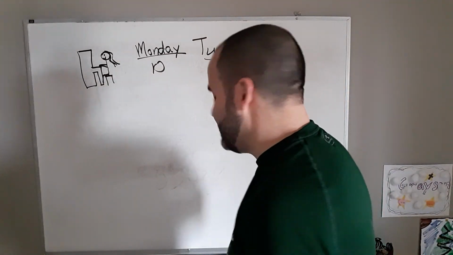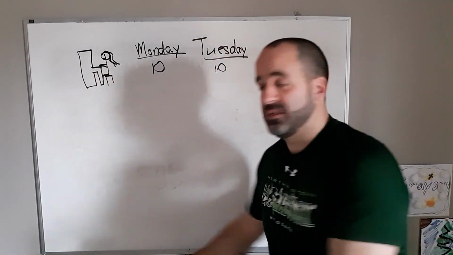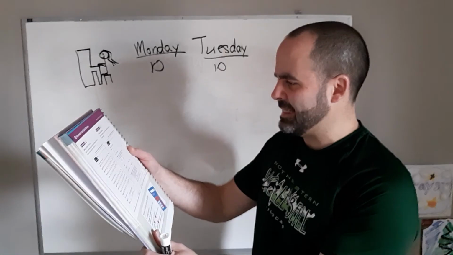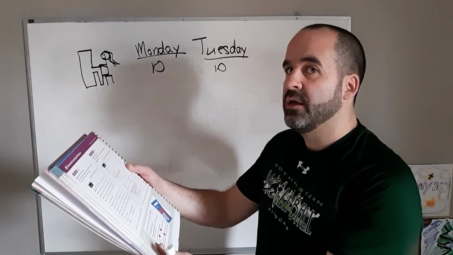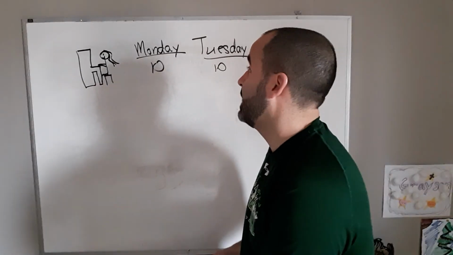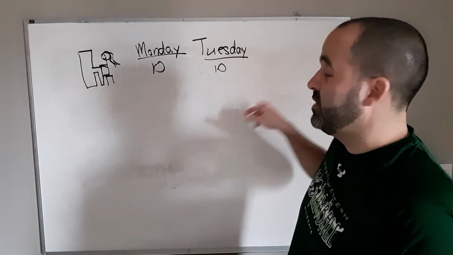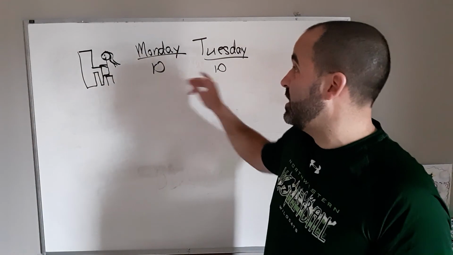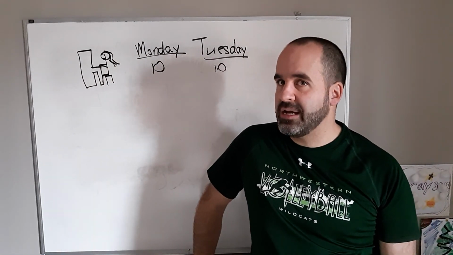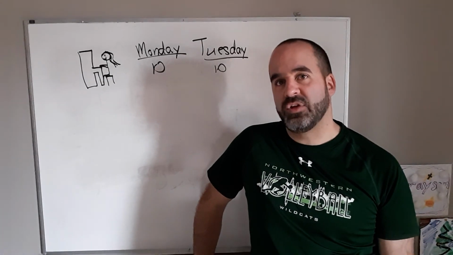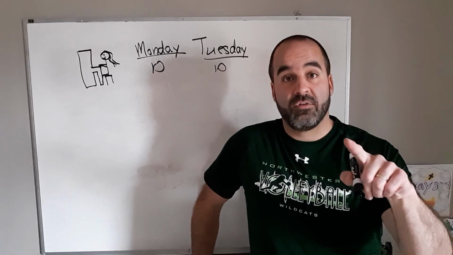Now, how many minutes did they want us to get to? According to the problem, let's take a look. What does it say? It says, on which day of the week will she have practiced for 90 minutes? Okay. Now, if you keep going through like this, you're going to find you're going to get all the way through to Sunday, which is a full week, and you're not going to be at 90 minutes yet. So what does that mean you're going to have to do? Yeah, start over with the next week.